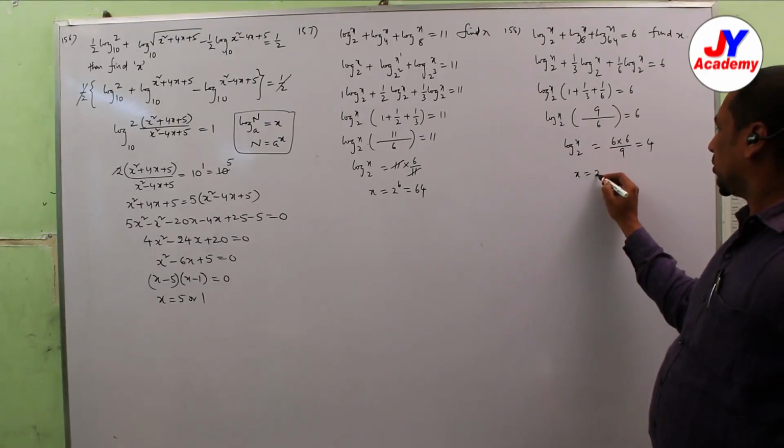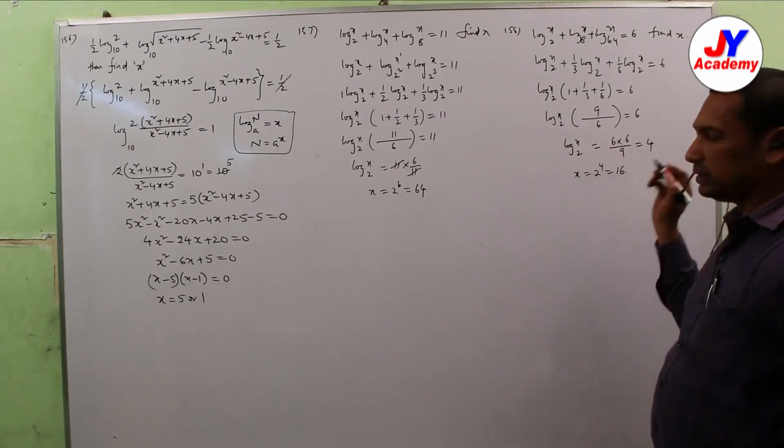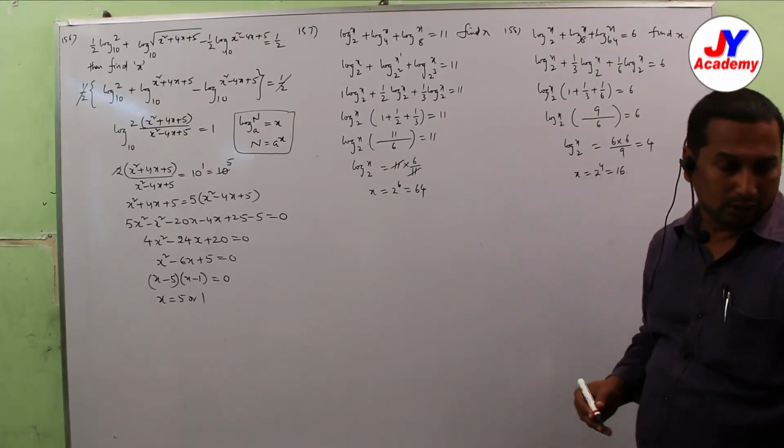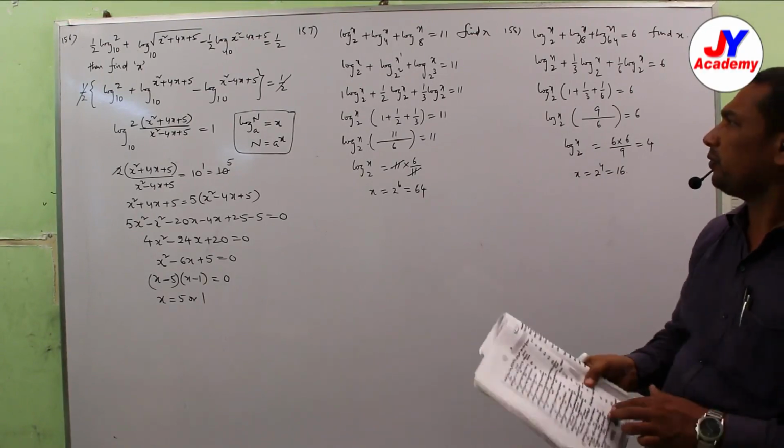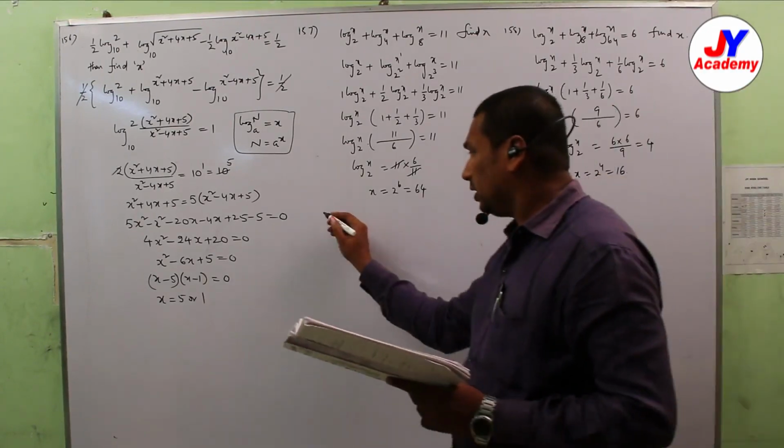So x is equal to 2 to the power of 4, 16, right? In the same way, see two more questions.